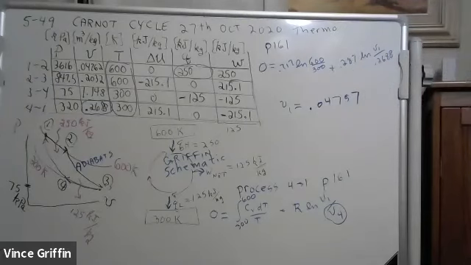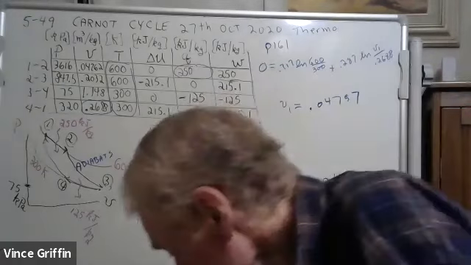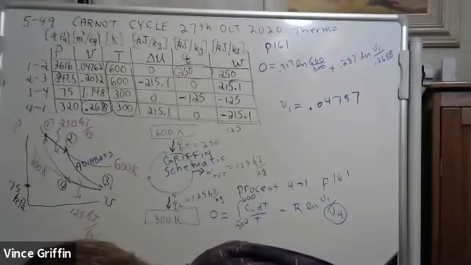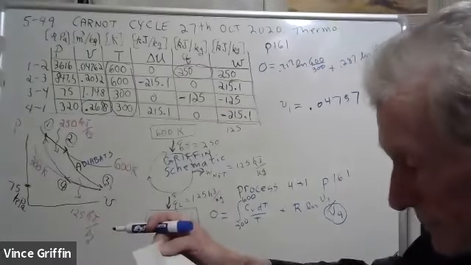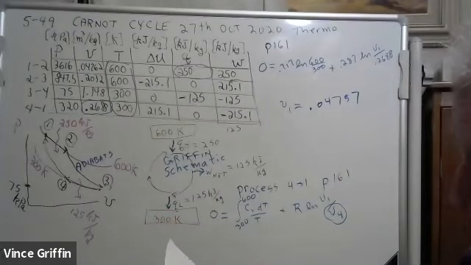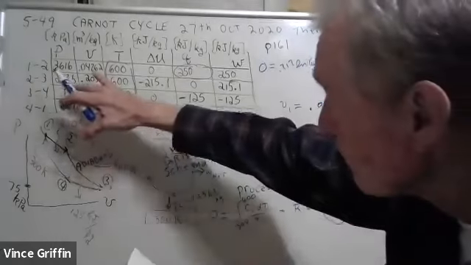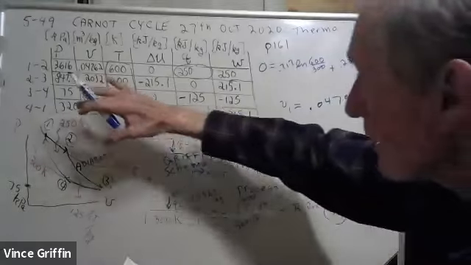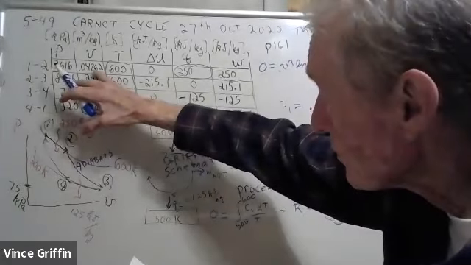But that's how you do it. So you could change that to 0.4757 if you wanted to.